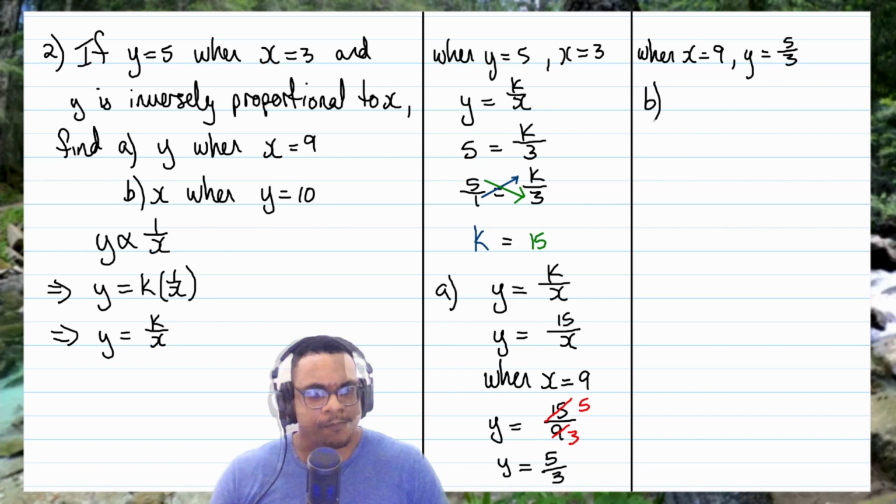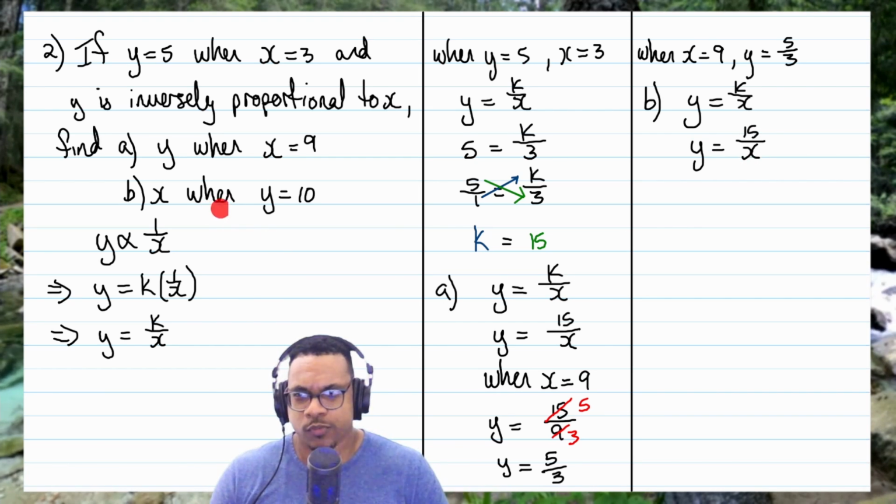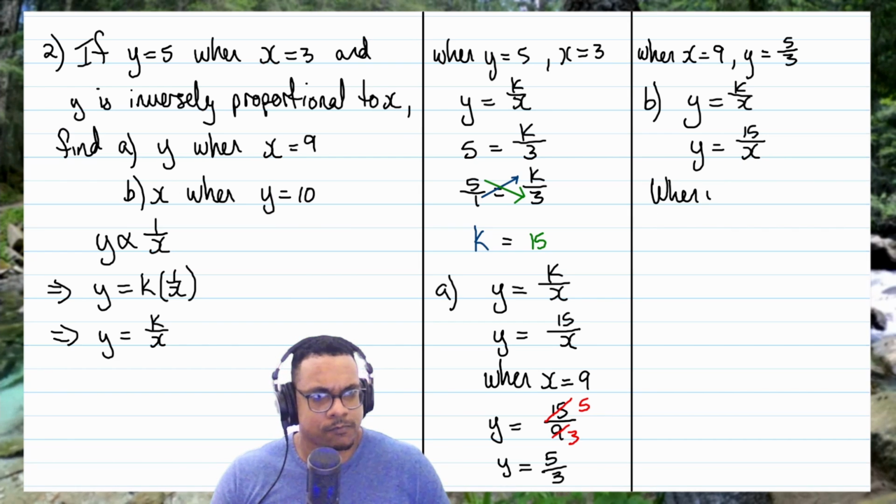Now for part B, we want to find x when y is equal to 10. So I'll write back this equation. We have y is equal to k divided by x. And we know that k is equal to 15, so we have 15 divided by x. Now I'll write when y is equal to 10. And I'll substitute this 10 where y is in this equation.